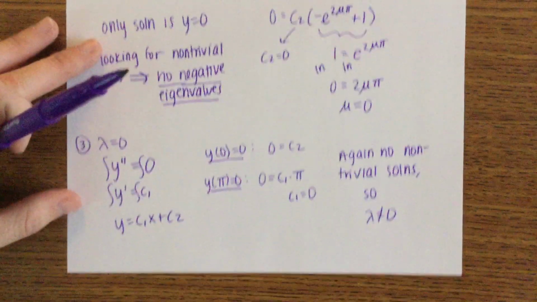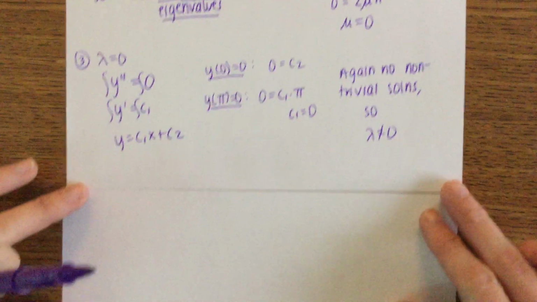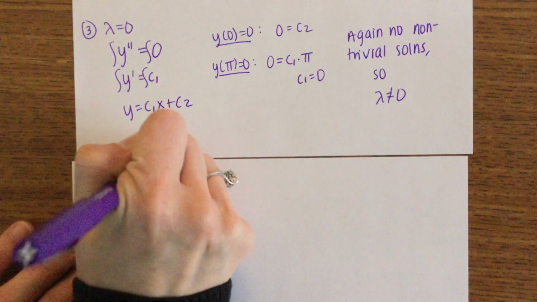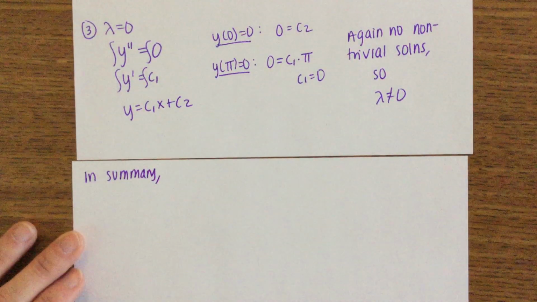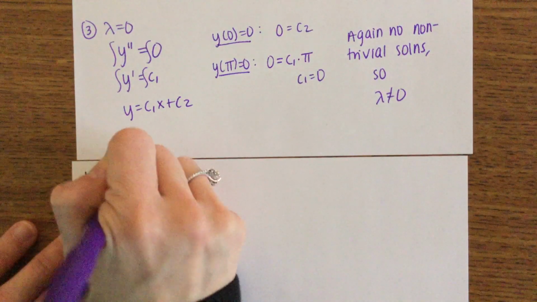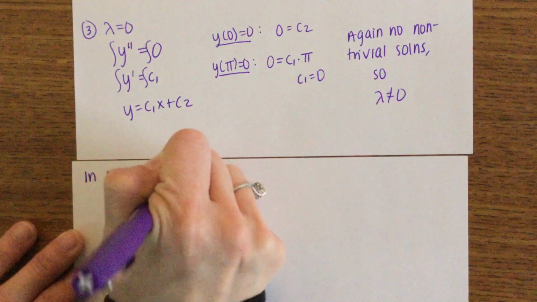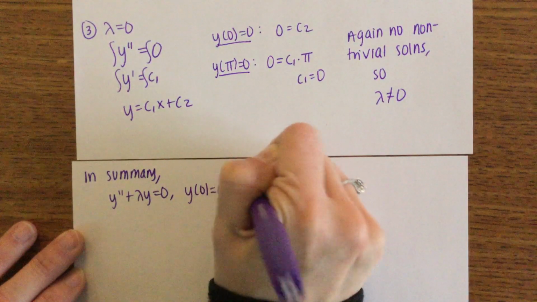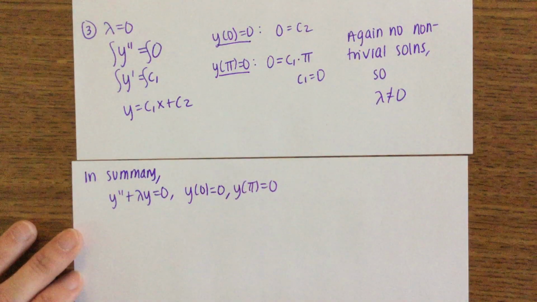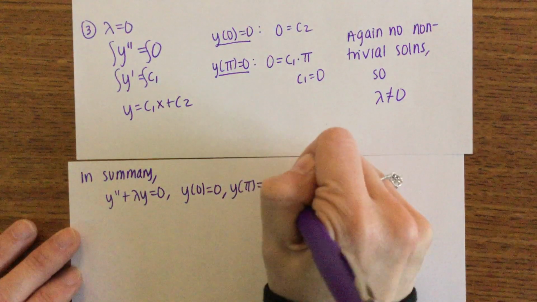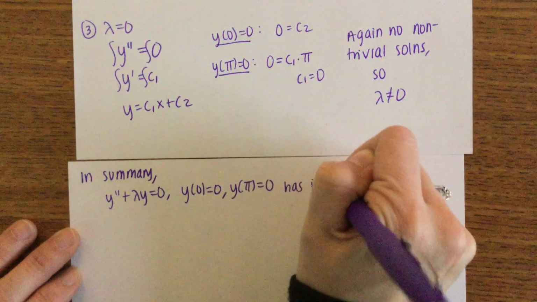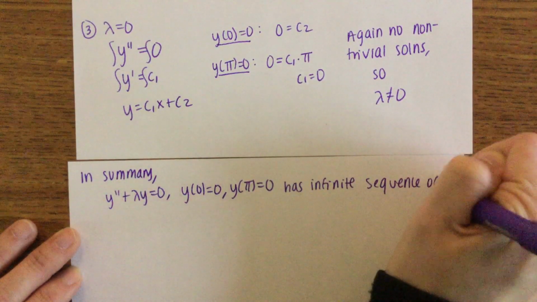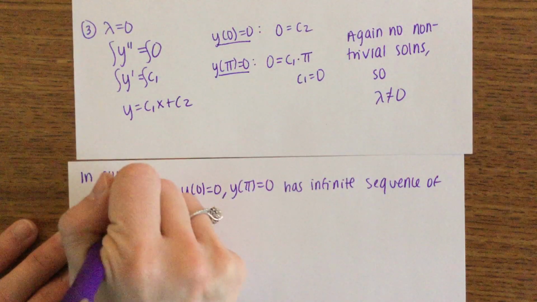So, here's what we learned from doing all that work. If we consider the boundary value problem, y double prime, add lambda y equals 0, with the boundaries y of 0 equals 0 and y of pi equals 0, this boundary value problem has an infinite sequence of positive eigenvalues.